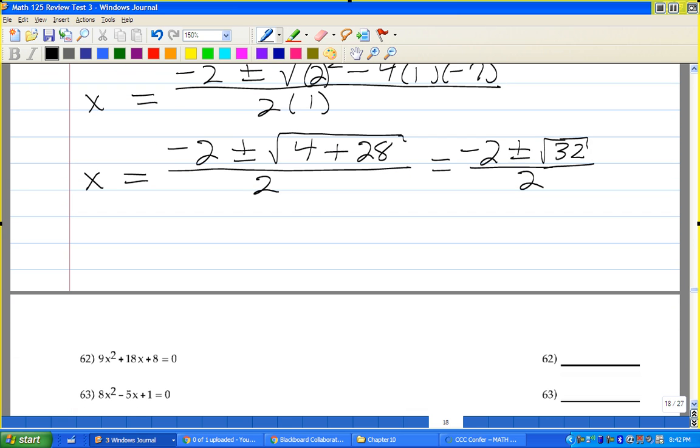So this is equal to -2 plus or minus the square root of 16 times 2 over 2. Square root of 16 is 4.